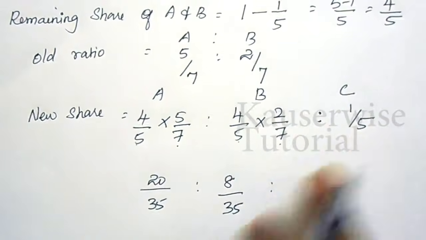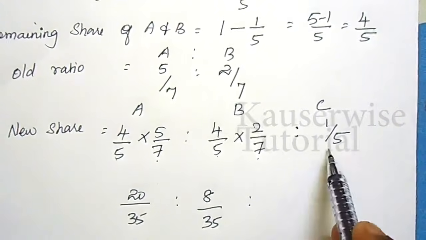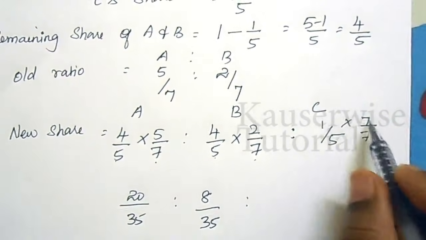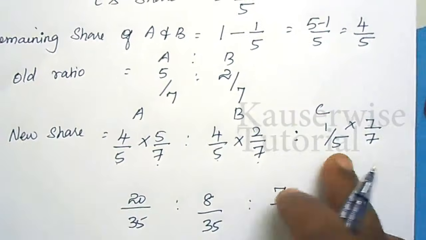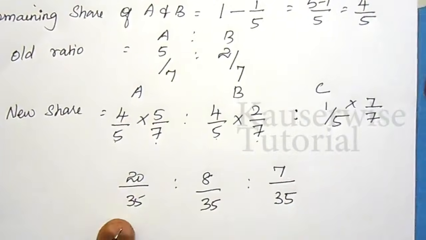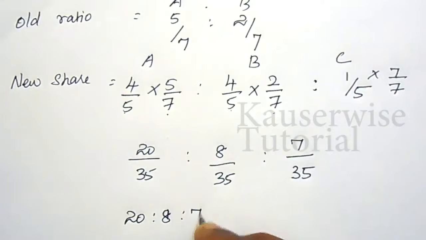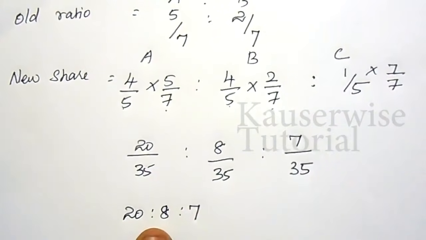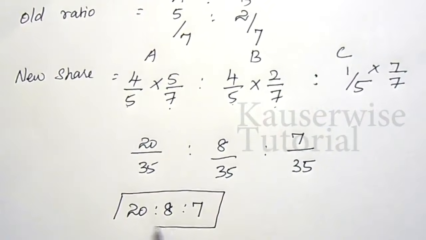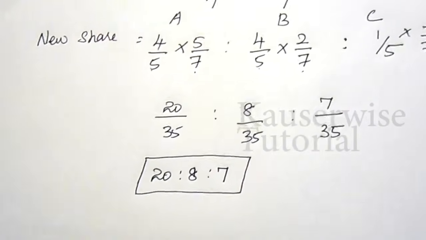For C also we have to get 35, so just multiply by 7: 1 into 7, 7, divided by 5 into 7, 35. So this is the new ratio for A, B and C: for A 20, for B 8, for C 7. 20 plus 8, 28; 28 plus 7, 35. So the new profit sharing ratio is 20:8:7. Now we have to calculate the sacrifice ratio.